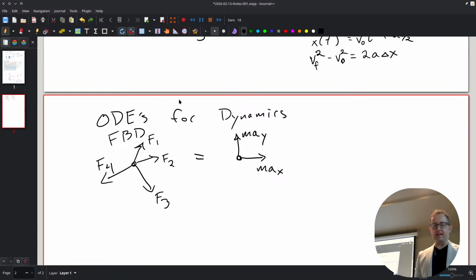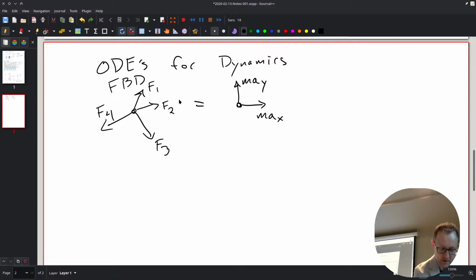I'm giving a general answer here. If I have four forces acting on something and I'm not saying it has to move in a given direction, then I would have differential equations for both x and y displacement. Overall, it's going to be x double dot and y double dot.